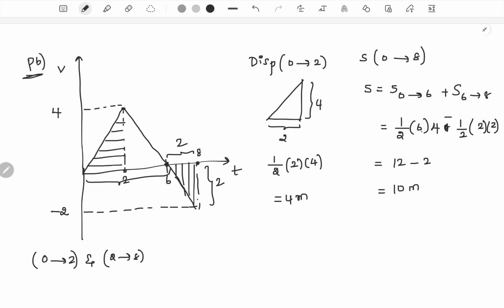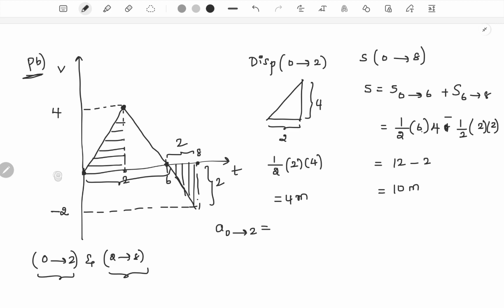So hence the acceleration in these 2 intervals of time would also be different. So for 0 to 2 seconds, how do we calculate the acceleration? Since it's a straight line, the slope at any point you consider on the graph between 0 to 2 would be the same, which would be equal to the slope of this particular line.